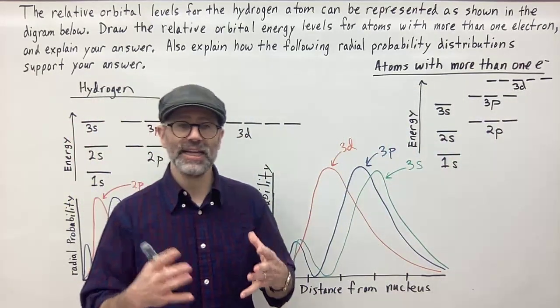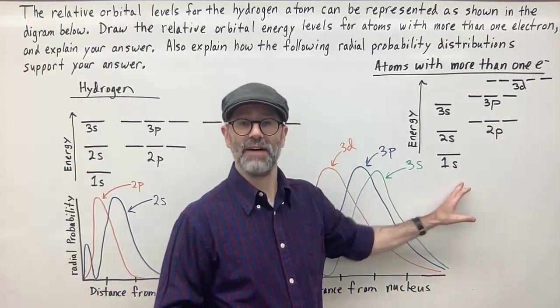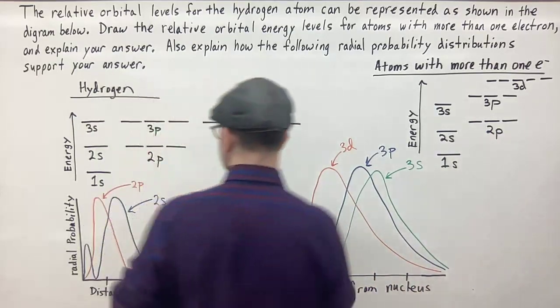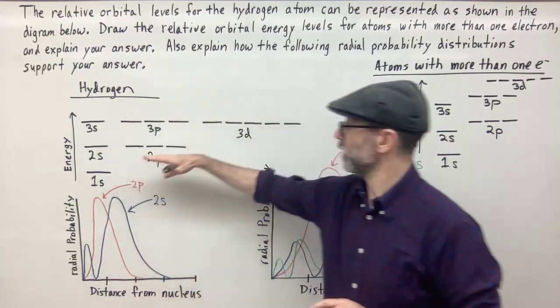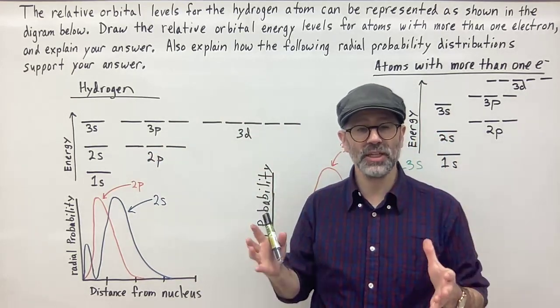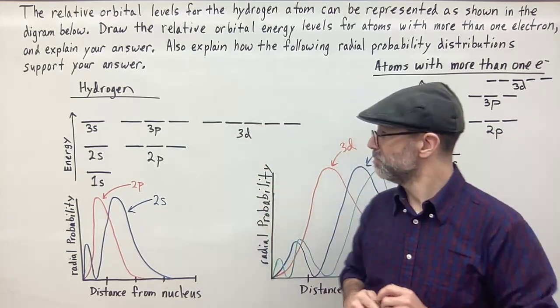And so that explains why you see this when you have more than one electron, but you don't get that when you only have one electron, because you don't have any shielding, you don't have any penetration going on. It's just one electron, right?